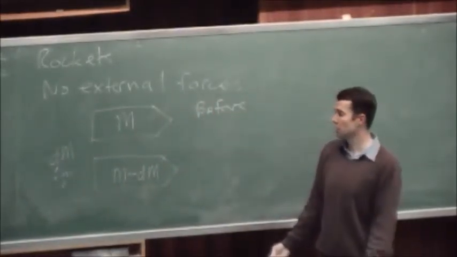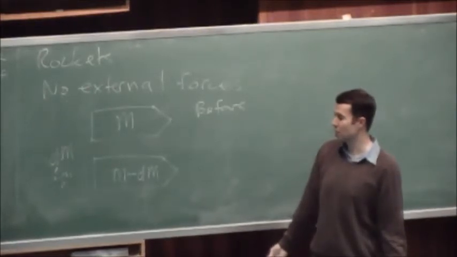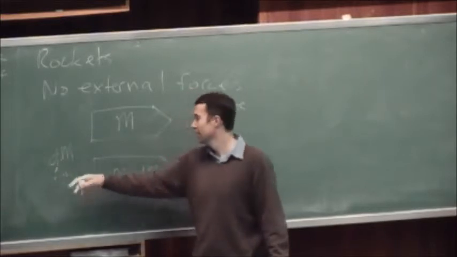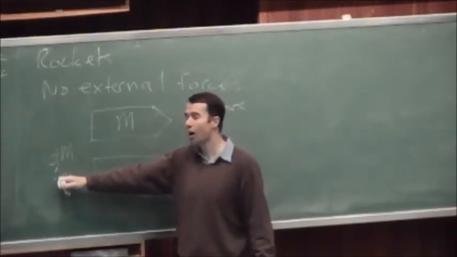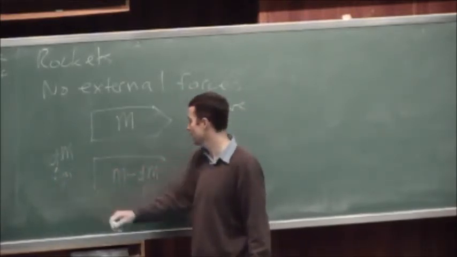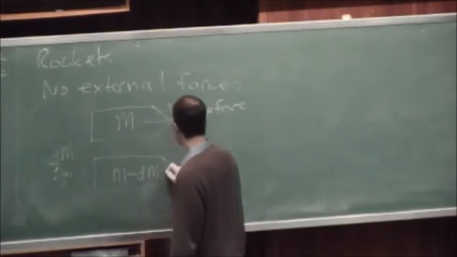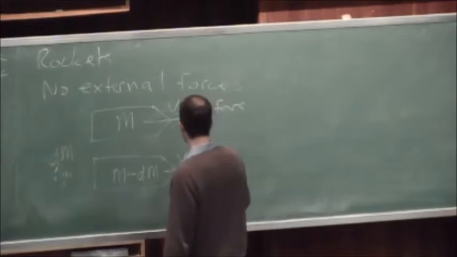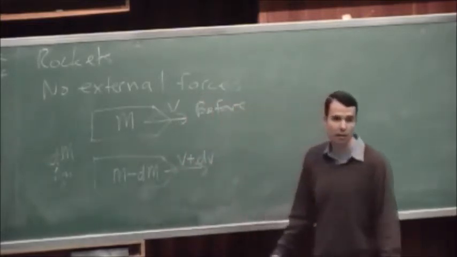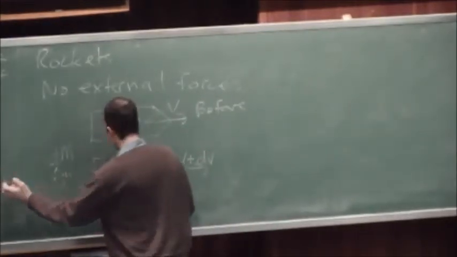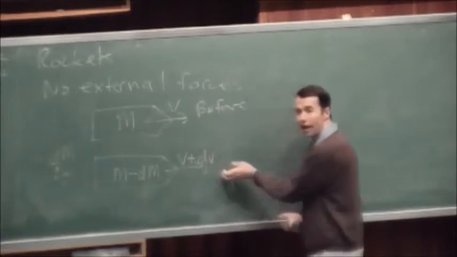This is the mass that's discharged. I'm just going to draw this as a bunch of particles out the back. This is a small amount of mass that's discharged back here. But this was originally going at velocity v, and now it's going to go at v plus dv.